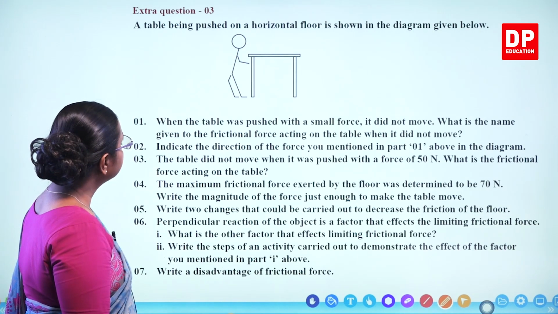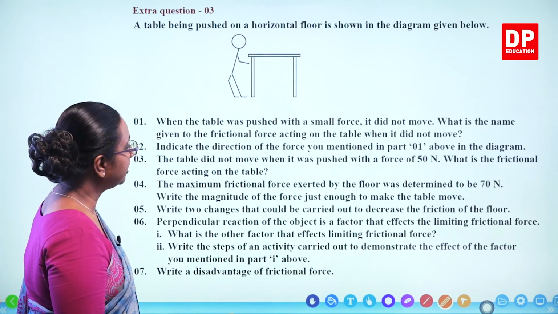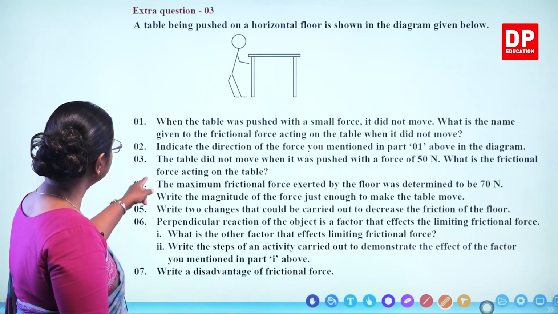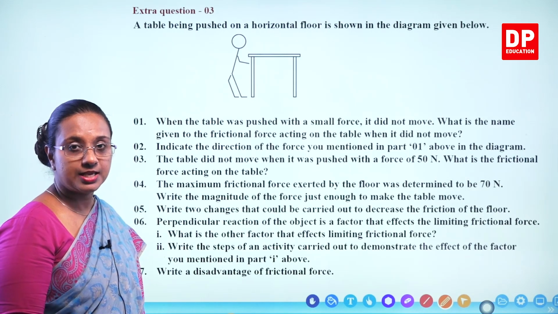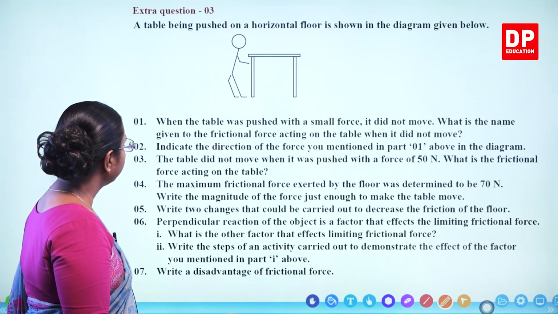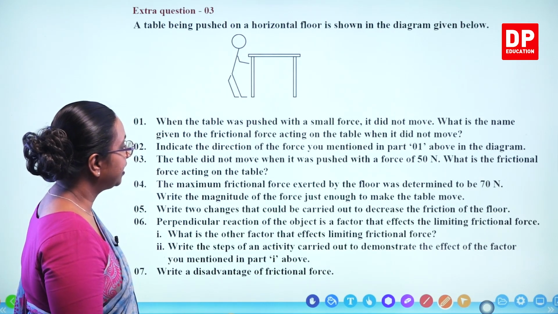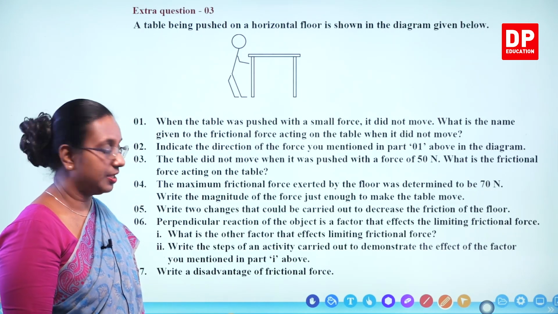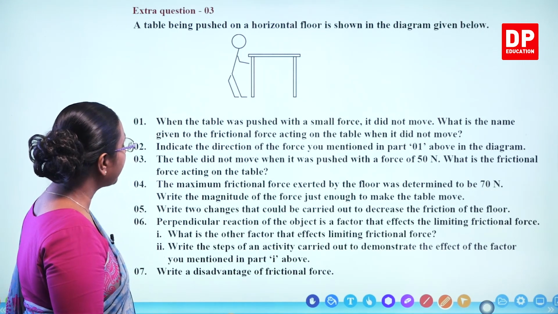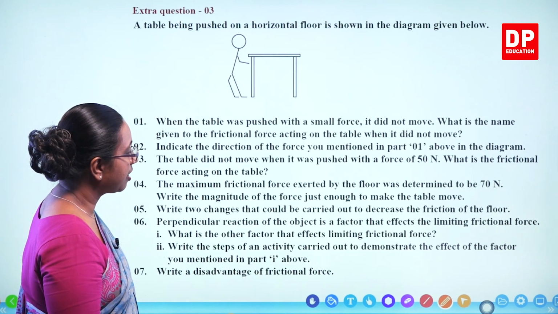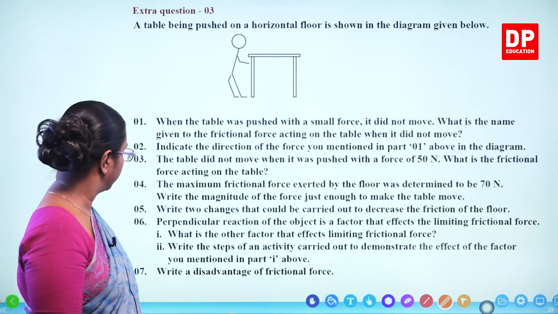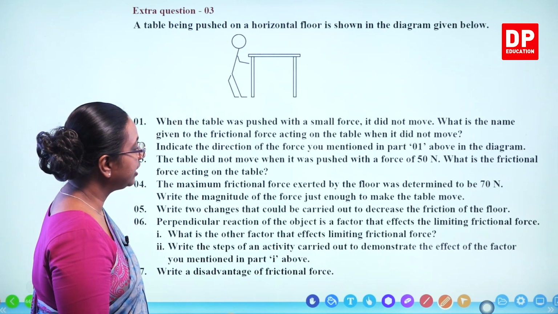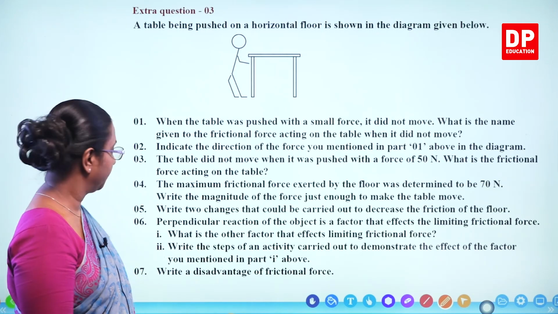Third one, the table did not move when it was pushed with a force of 50 Newton. What is the frictional force acting on the table? Part 4, the maximum frictional force exerted by the floor was determined to be 70 Newton. Write the magnitude of the force just enough to make the table move. 5. Write 2 changes that could be carried out to decrease the friction of the floor.